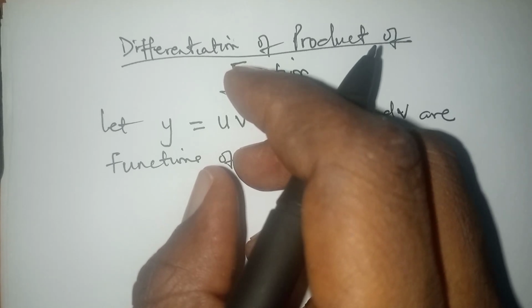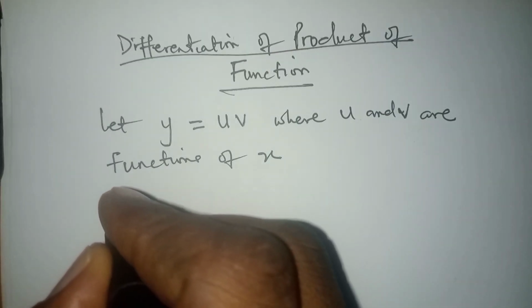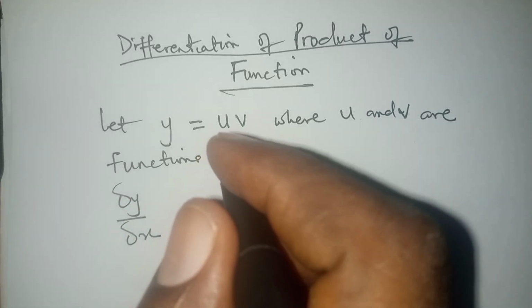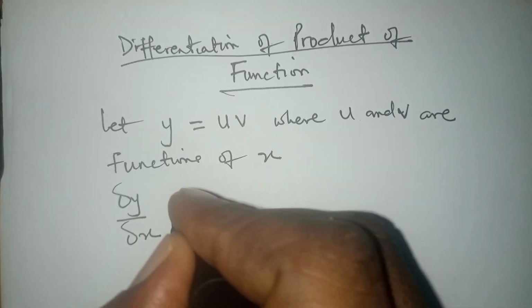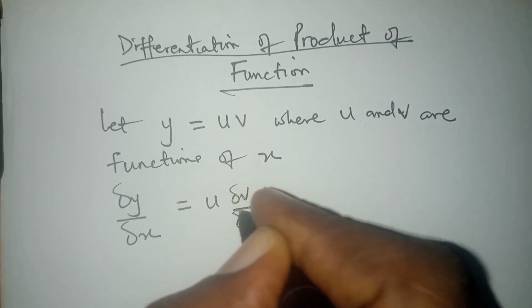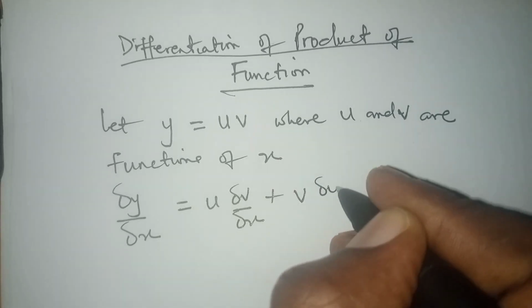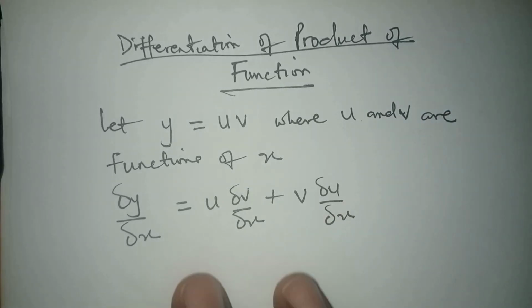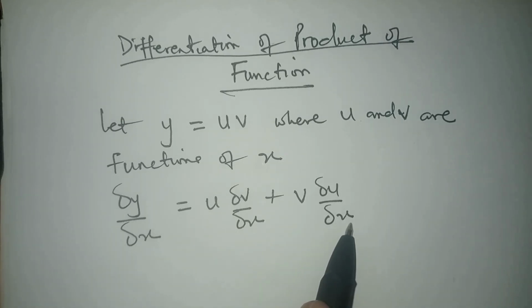So dy/dx of this will give us u dv/dx plus v du/dx. So to differentiate the product of two functions, we follow this.